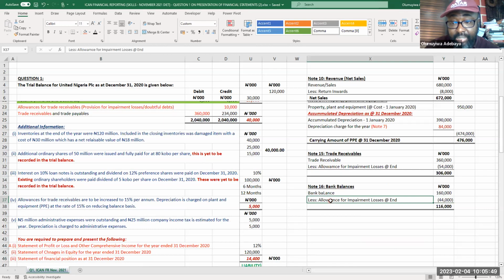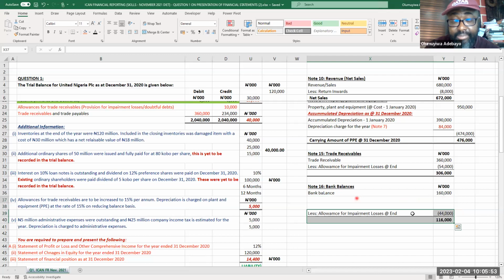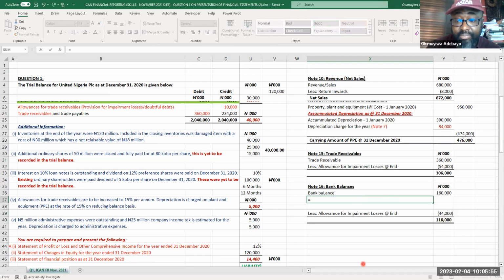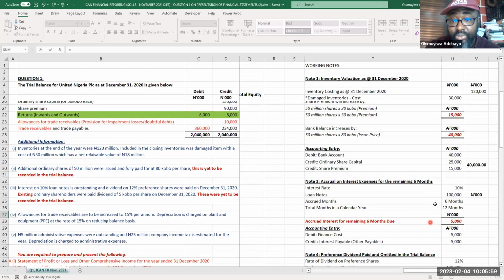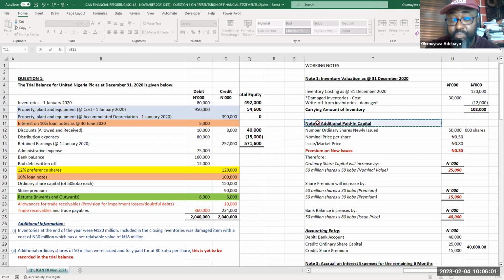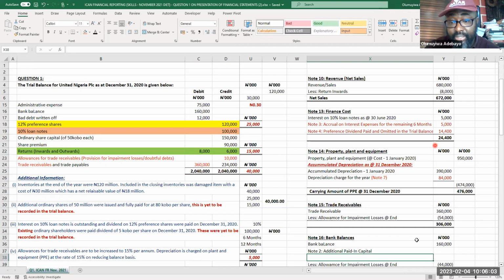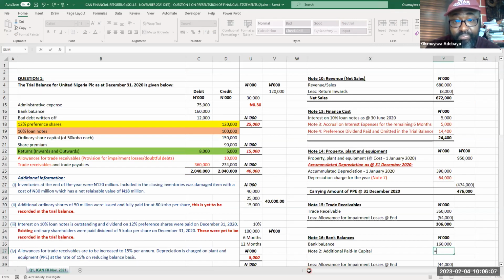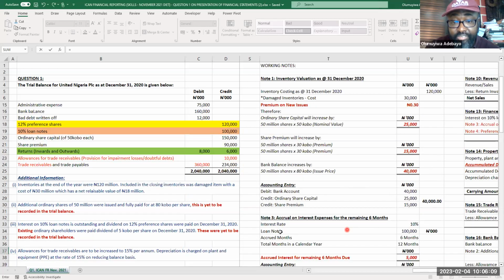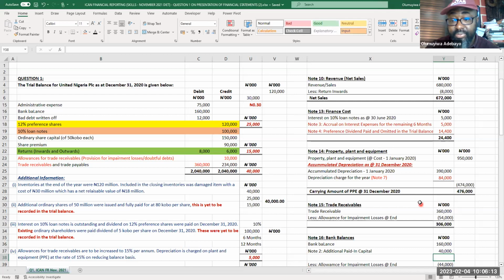But if you remember, there were 3 items that were not considered. 1, additional paid-in capital in note 2. There was an additional paid-in capital of how much? If you remember, we said we should credit bank with 40,000 or 40 million.